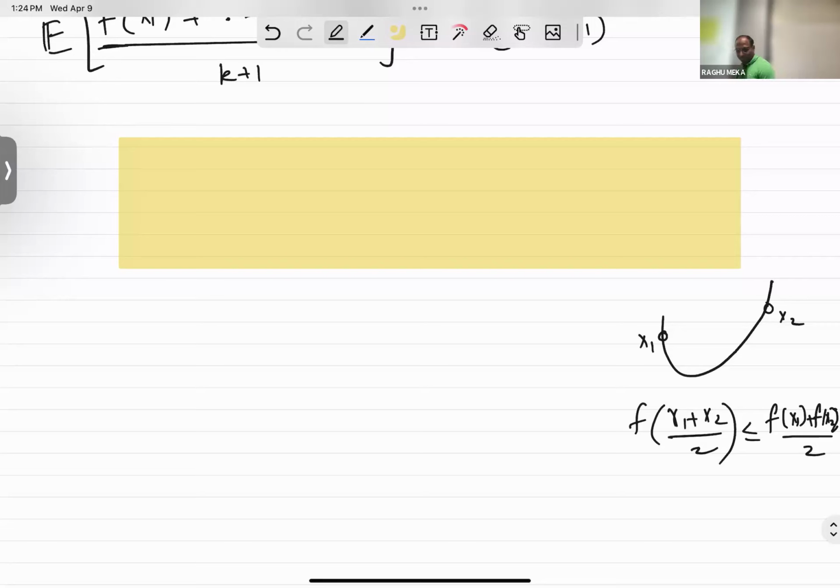This is true even for 3 points, 4 points, and 5 points.